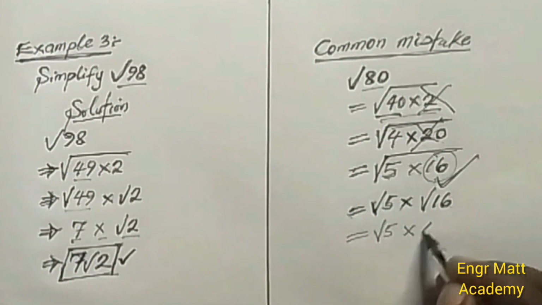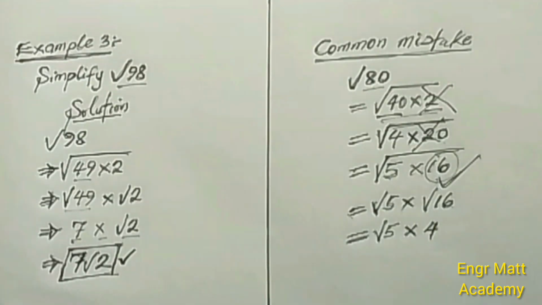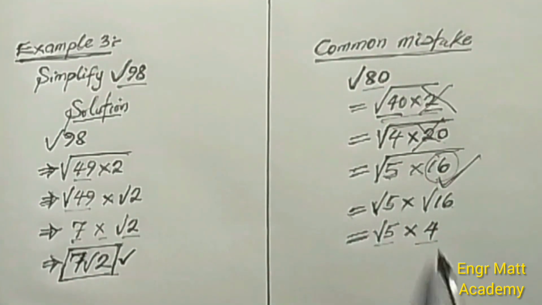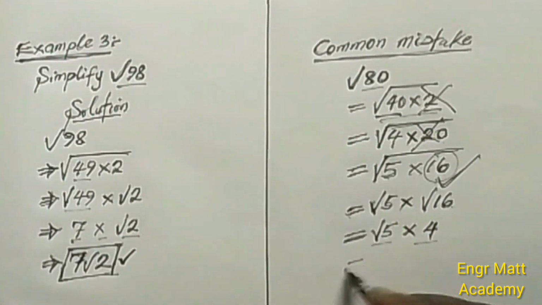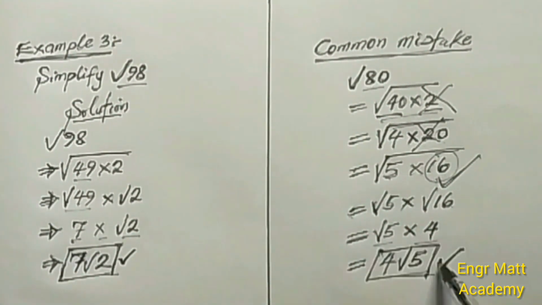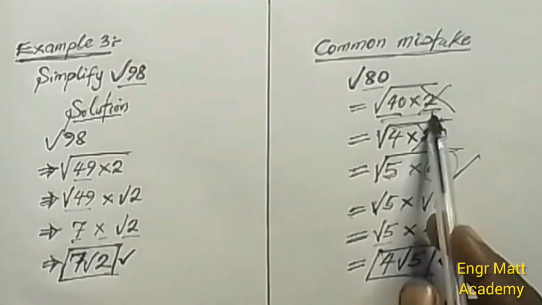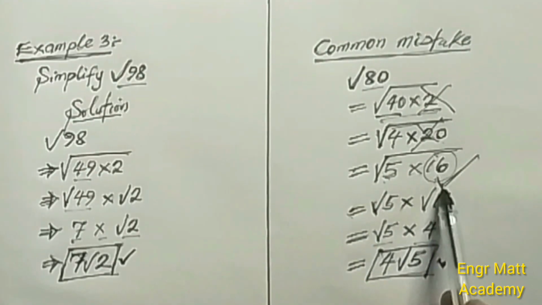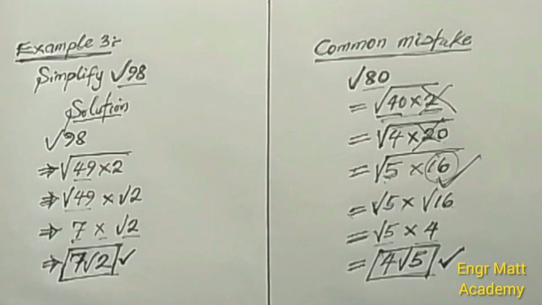Root 16 will give us 4. Next, we say root 5 times 4. That is the same thing as 4 times root 5, and it will give us 4 root 5. And this is the final answer. The point is, don't just look for two factors. Look for two factors where one of them is the highest perfect square.